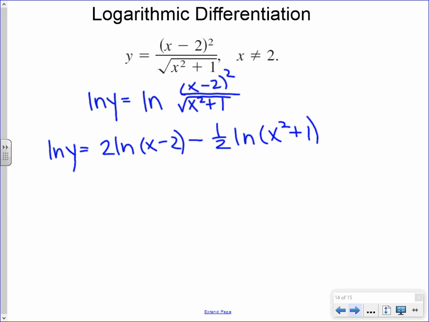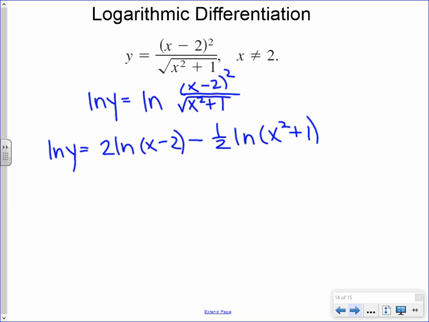Now we have an implicit function where all we have to do is take a derivative of 3 natural logarithmic functions. That's kind of nice, right? Better than the quotient rule with 2 chain rules inside, right?